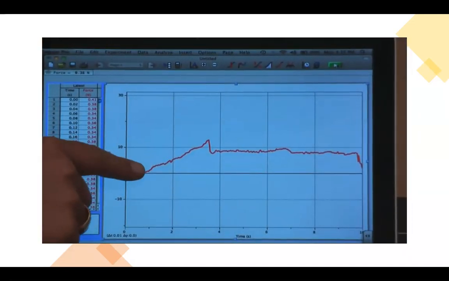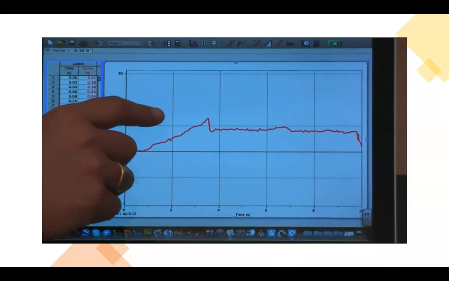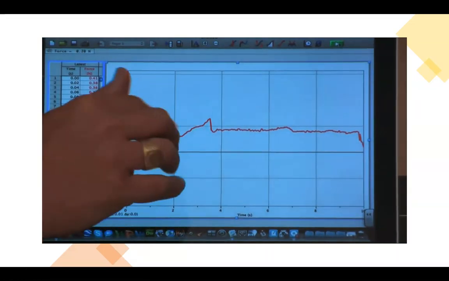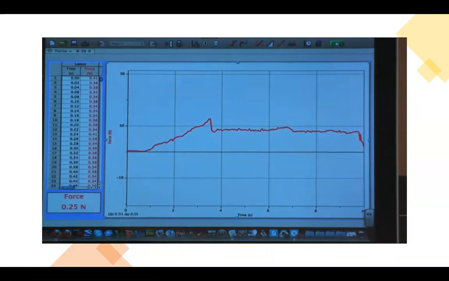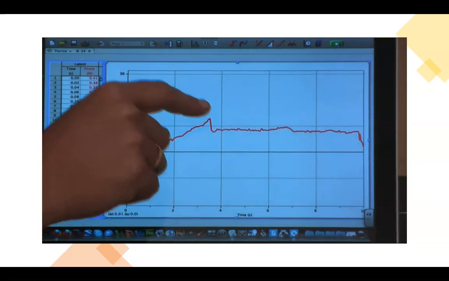So you can see right here, as I pull harder and harder, the force probe is measuring the force of friction, so the force of friction is getting higher and higher. The force of static friction is only as large as it needs to be to prevent motion. So I keep pulling harder and harder until I reach the maximum.